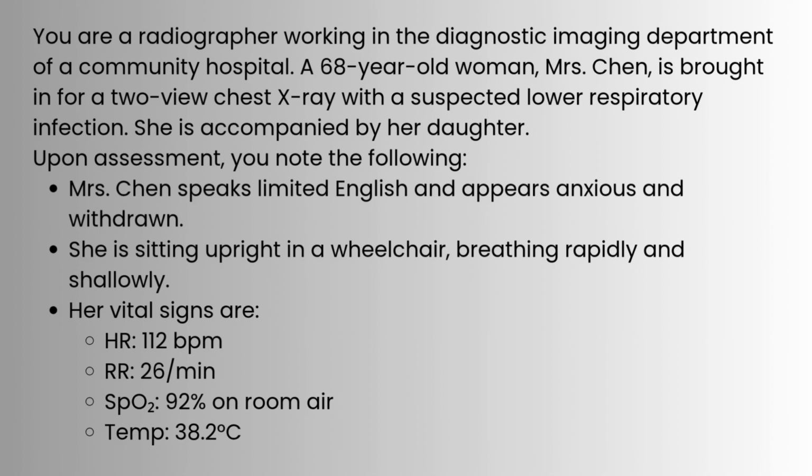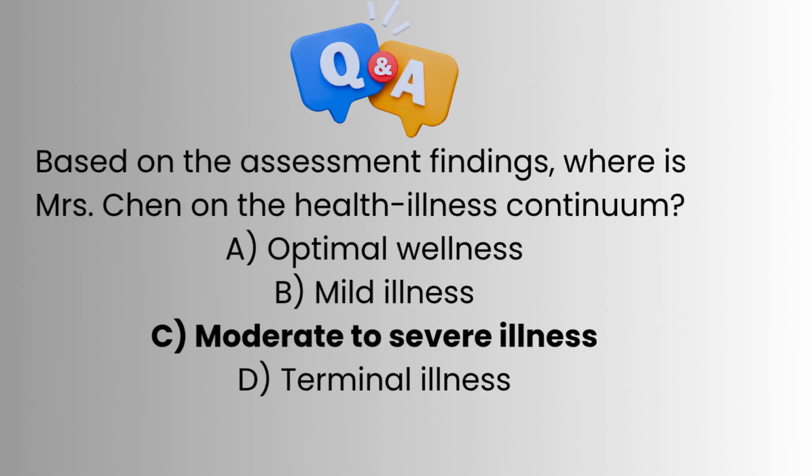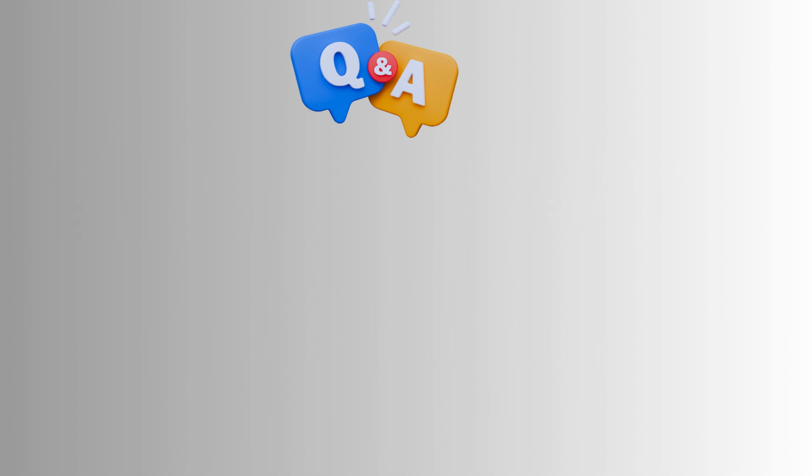So these are signs of an acute, significant illness that requires immediate attention. For your exam tip, the exam will give you vital signs and observations, and you must interpret where the patient is on the continuum. If you check all the vital signs, you would be able to know. At this stage, the patient is moderately to severely ill.